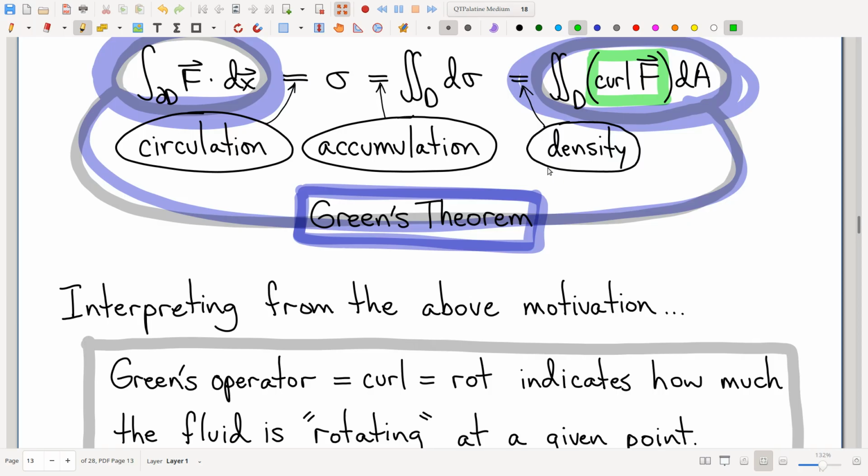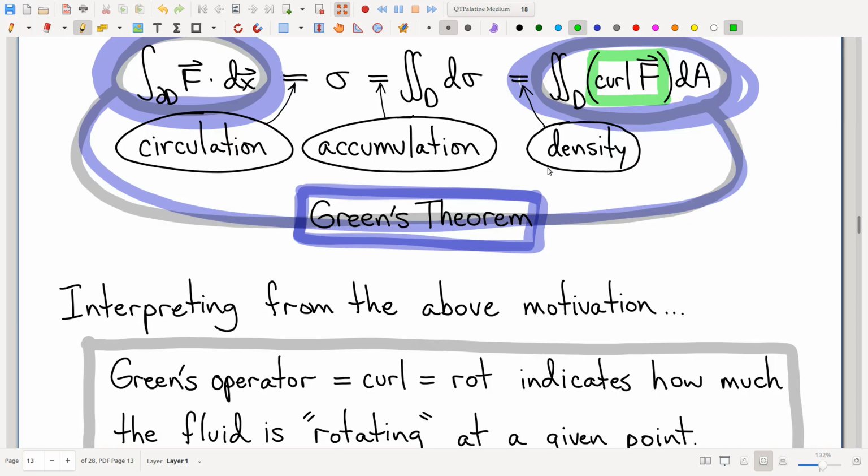If F represents a flow of a fluid, circulation says I've got a closed curve and I'm measuring the extent to which the fluid is flowing along that curve, going around in a circle. In other words, it's measuring to what extent the fluid is rotating around that curve.